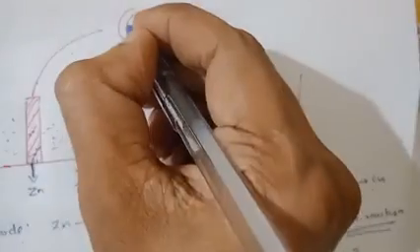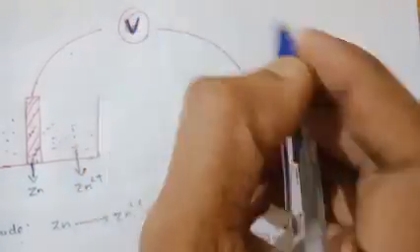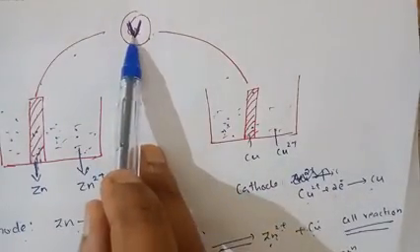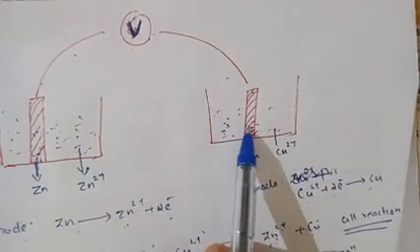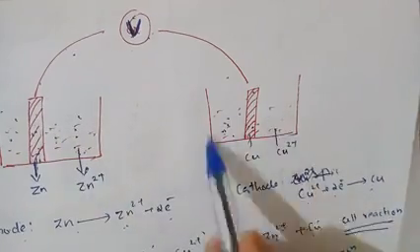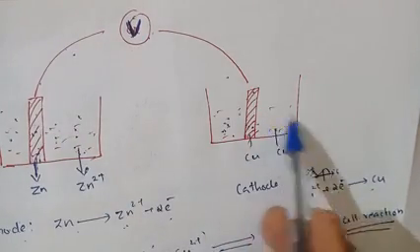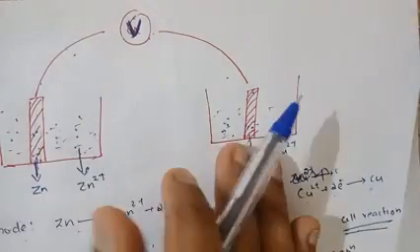Now the next thing we have to discuss is, if I keep a voltmeter instead of a galvanometer here, it will give the voltage of the total cell. That voltage means here one potential is there, here another potential is there. So higher potential minus lower potential means potential difference.